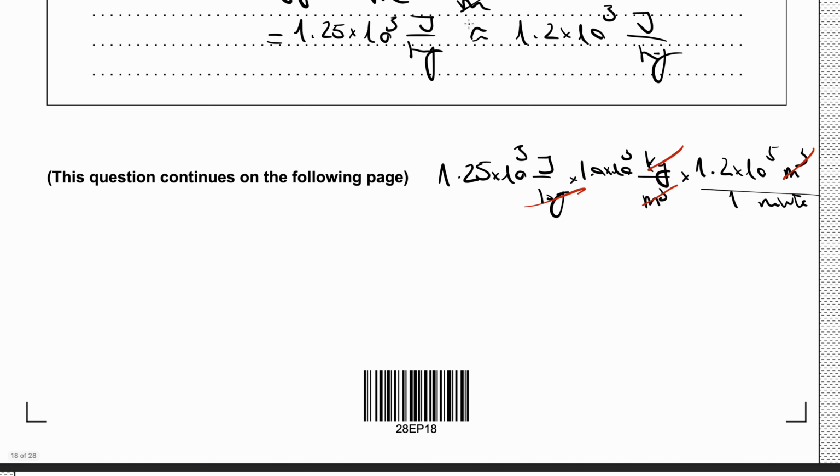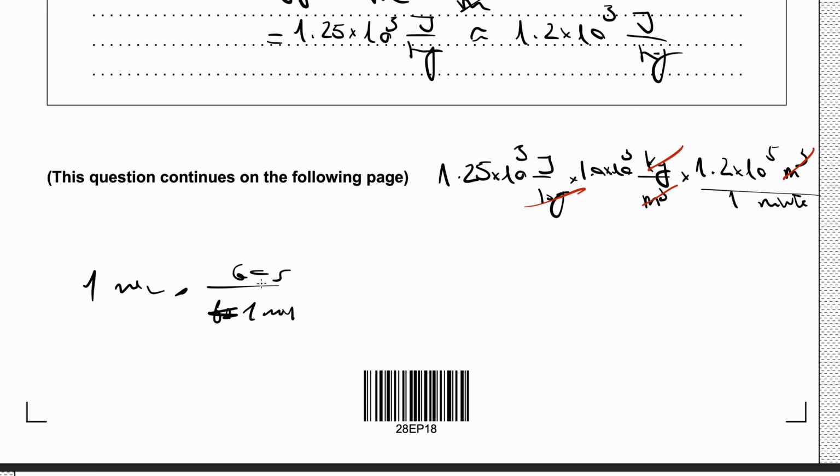If I calculate this, I get 1.50 times 10 to the power of 11 joules per minute. And now 1 minute is 60 seconds, so we divide by 60.